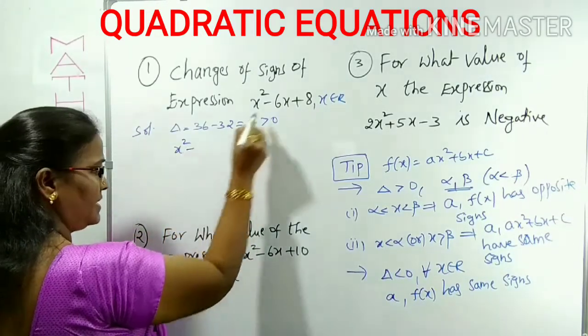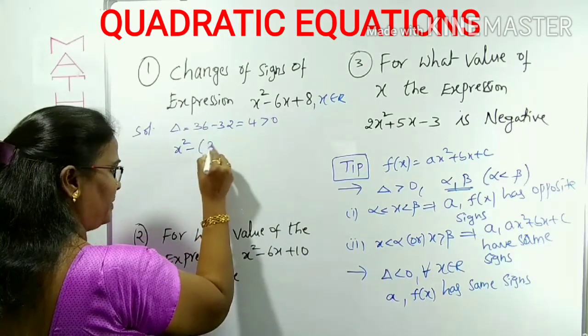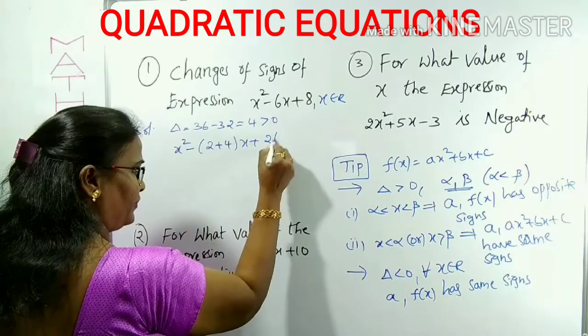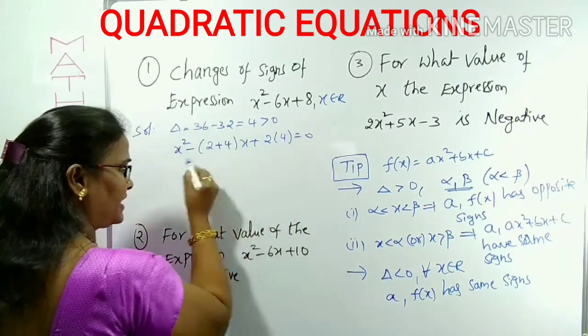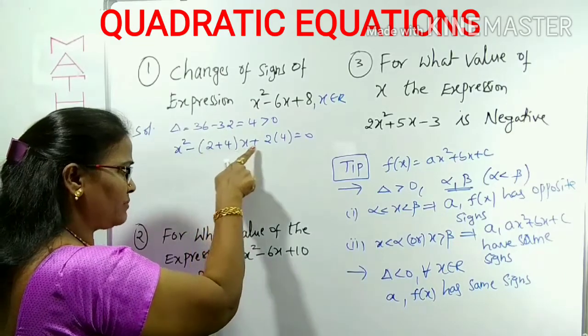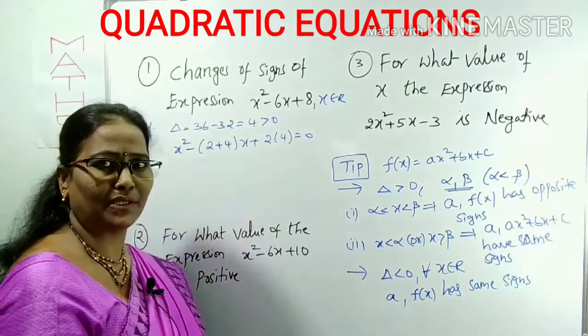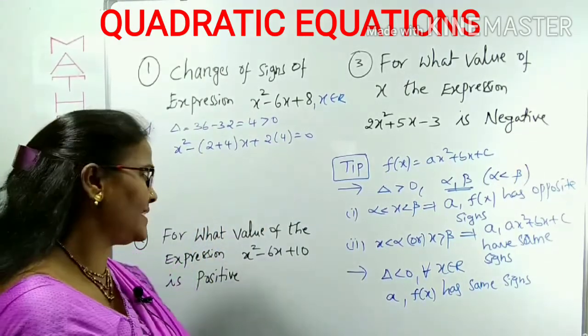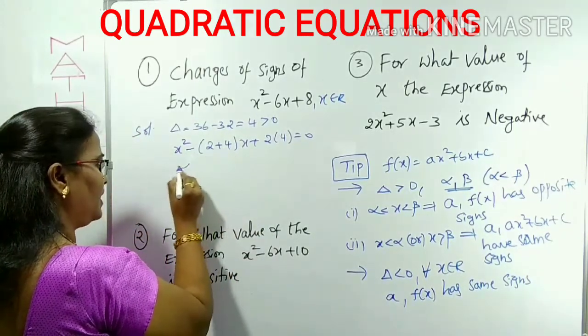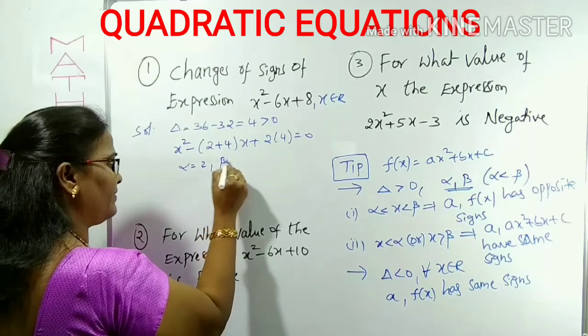Shall I write like this? X square minus 6 written as 2 plus 4 of x plus 8 written as 2 into 4 equals 0. It is clearly in the form x square minus (alpha plus beta) x plus alpha into beta equals 0. Directly you can also split the factors. What are the roots here? 2 and 4.